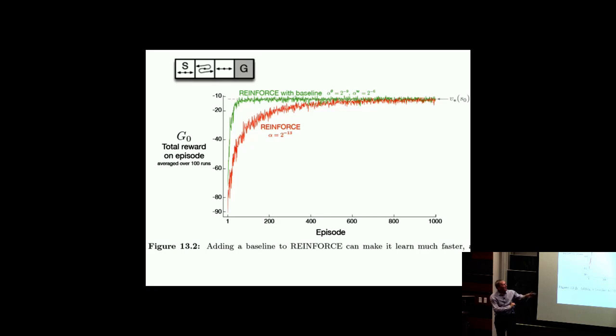To be fair to them, though, the red line there is the best of the plots from the previous experiment. So they are using an optimal, or as good as I think they've probably found, alpha for the red line as well as the green one.